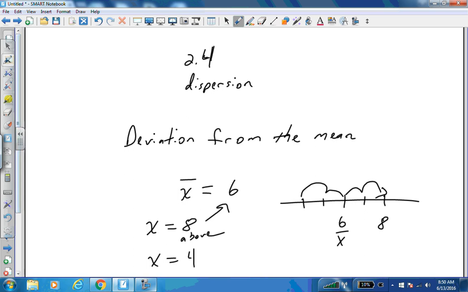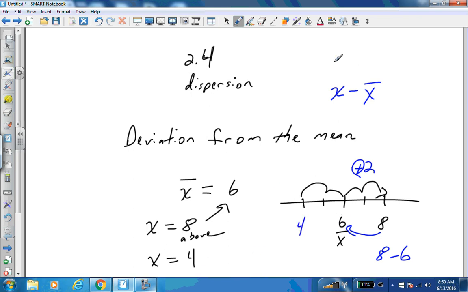So in order to calculate deviation from the mean, we take a data value minus the mean, and that difference will tell us how far a particular value is from the mean. So if we do 8 minus 6, we get a positive 2. 2 tells us how far from the mean it is. Positive tells us it's above.